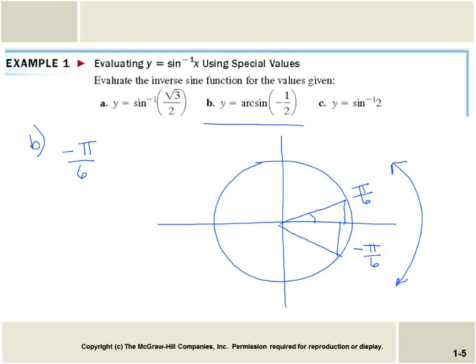Caesar, what do you think? No, exactly, because 11 pi over 6 is not between minus pi over 2 and positive pi over 2. Am I being clear?